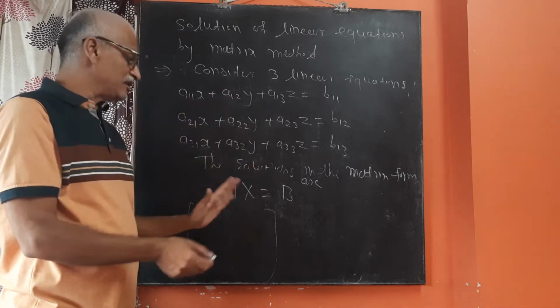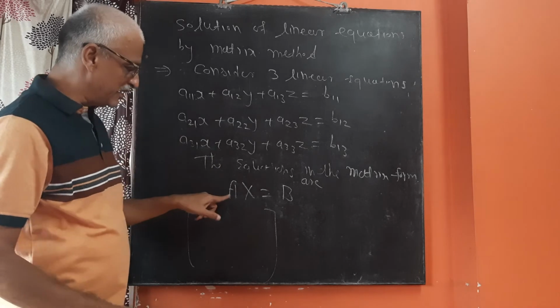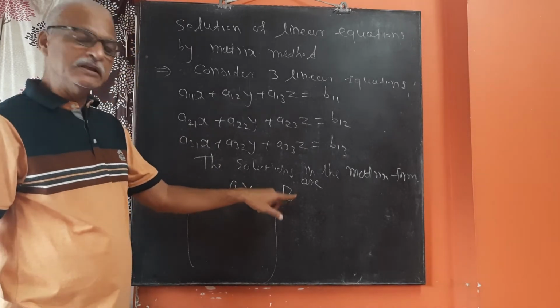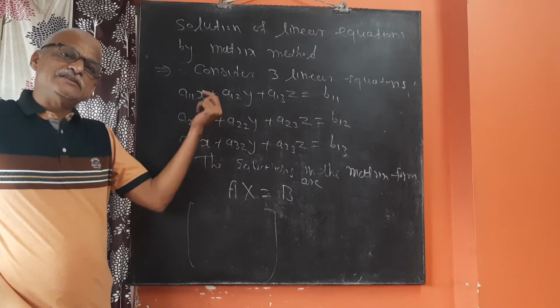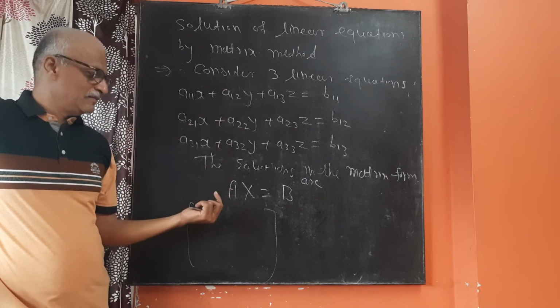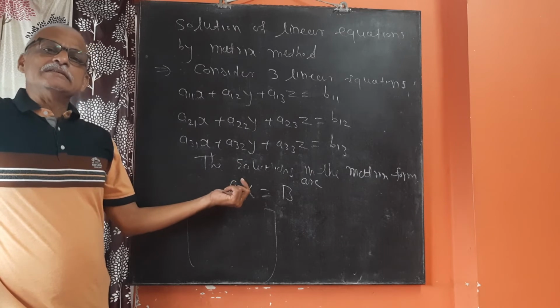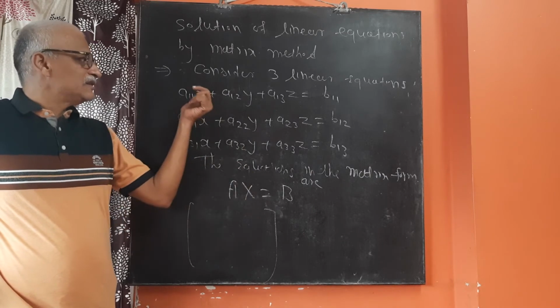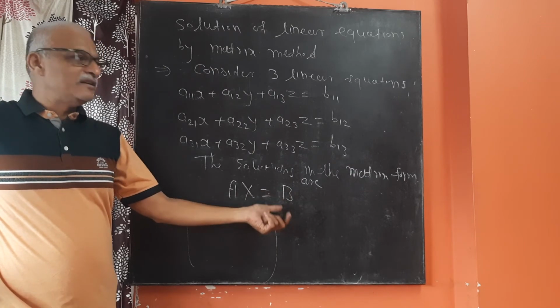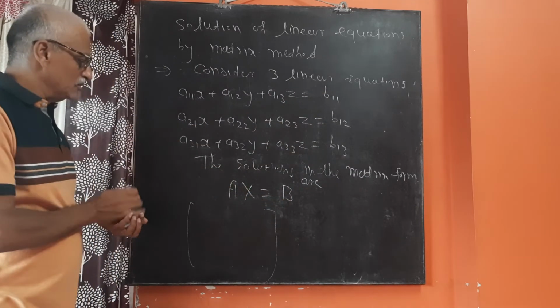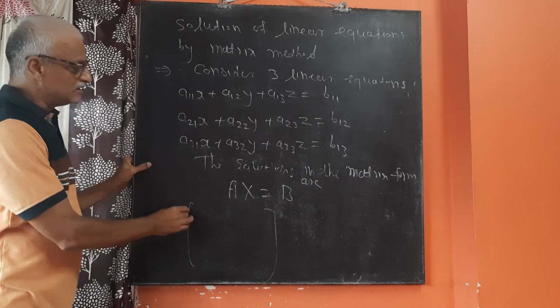Three equations in matrix form mean there are three matrices: matrix A, matrix X and matrix B. Matrix A is the matrix of coefficients of x, y, z in all three equations. Matrix X is the column matrix of variables x, y and z, and matrix B is the column matrix of constants.